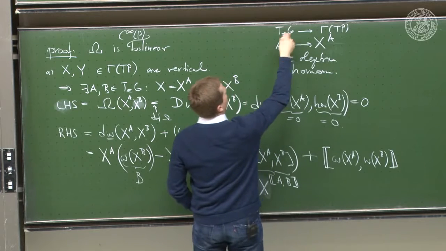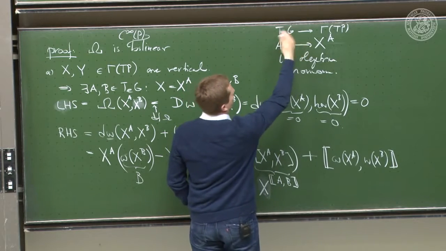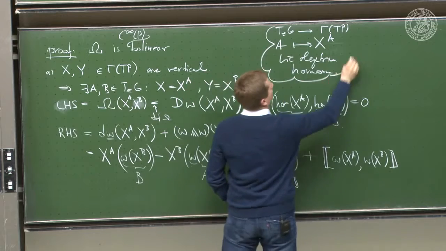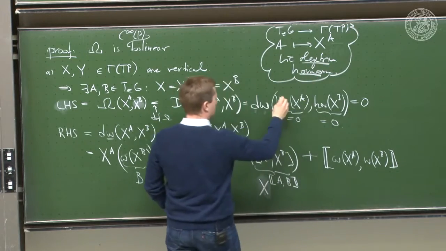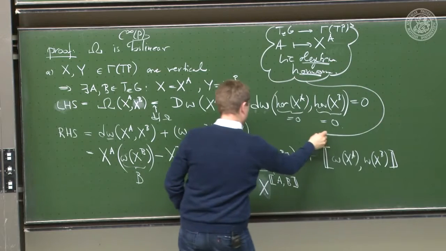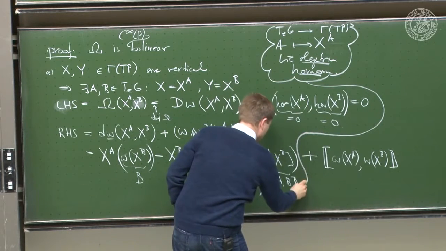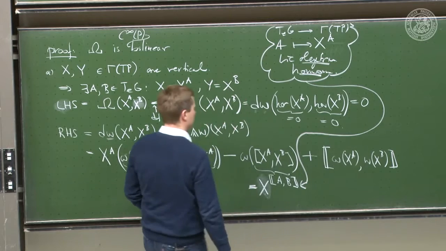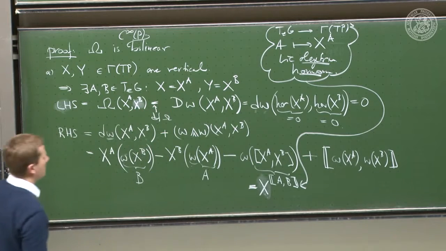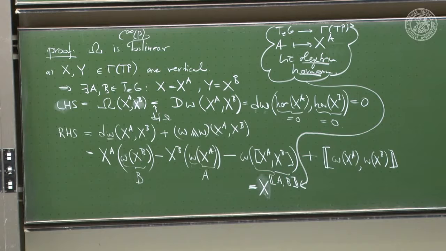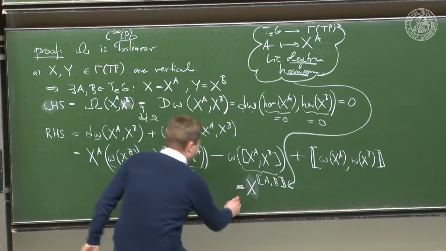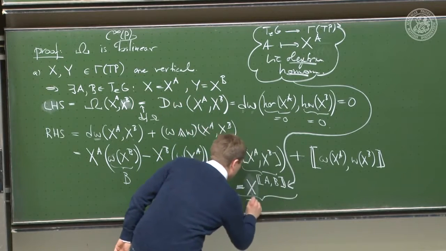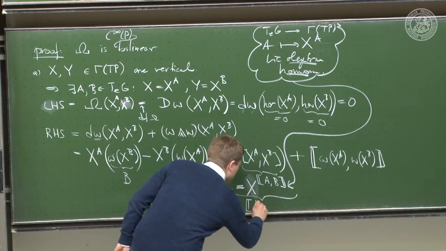Now this is this map here. Okay, so this is a Lie algebra homomorphism. This fact plays into this equal sign. All right. So how does that evaluate? Well, the omega of an X_ something is again simply that bracket.